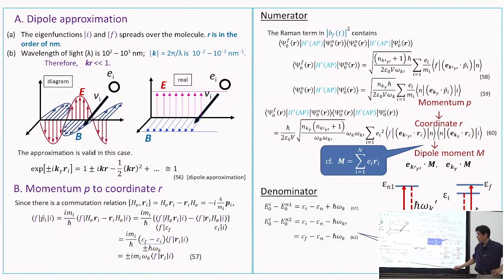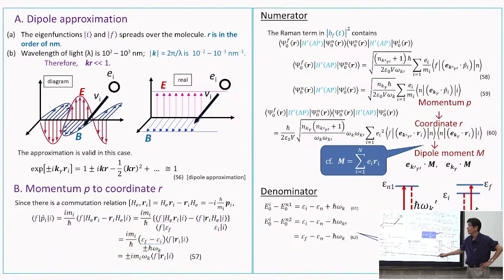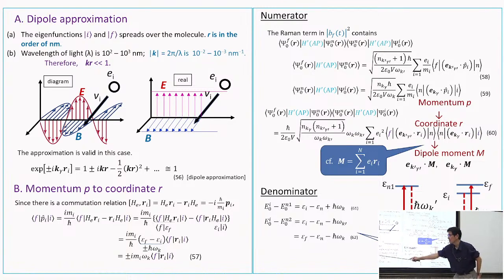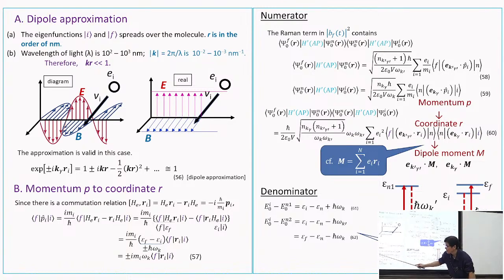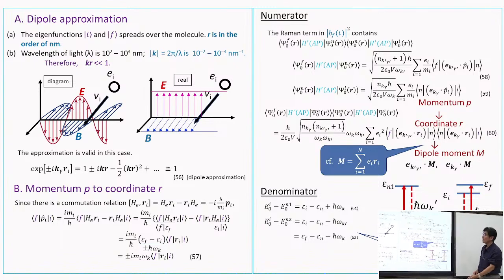You know that E_f minus E_i is the energy difference between the states. And this is replaced with h bar omega k. So it's possible to replace the momentum operator with an expression containing coordinate r.